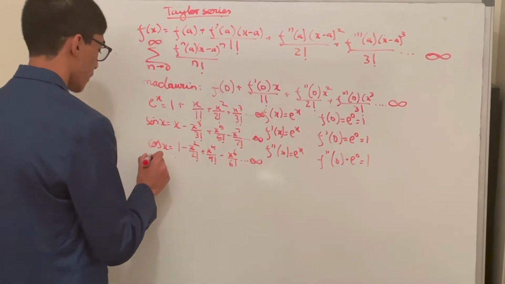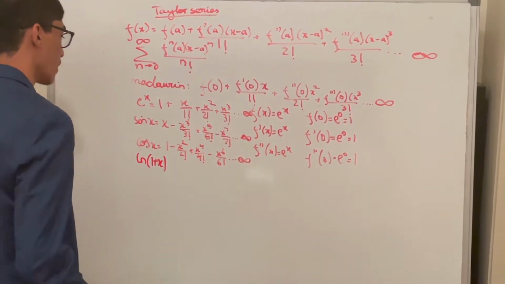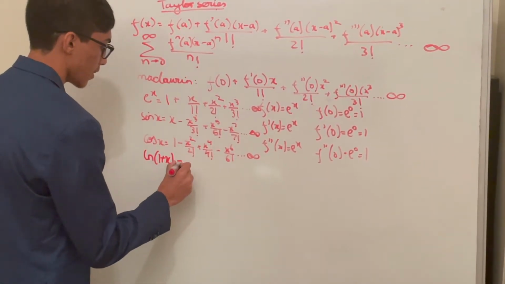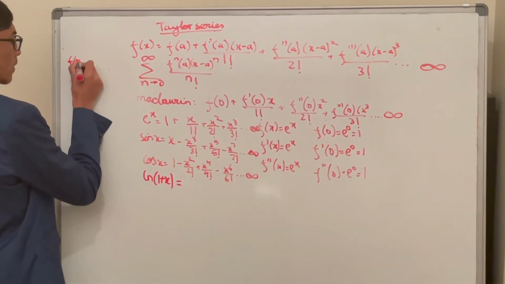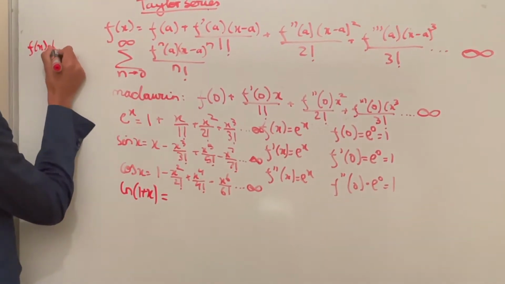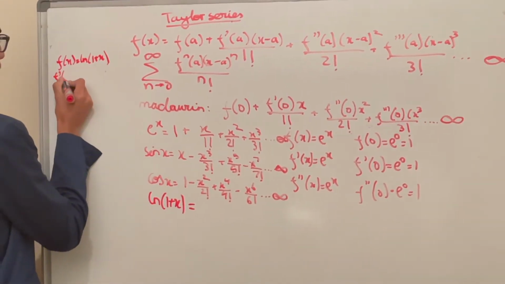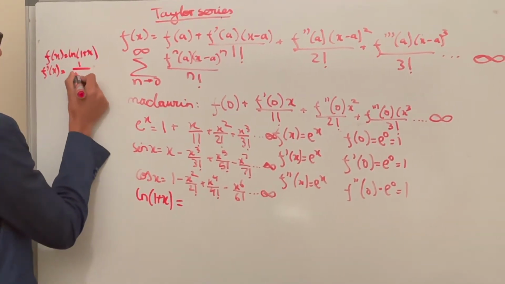Now ln 1 plus x is a bit more difficult to solve compared to sine x, cos x, and e to the power of x. So I will actually demonstrate it on the side over here. So f of x is equal to ln 1 plus x. Now the derivative of ln 1 plus x will be 1 over 1 plus x.